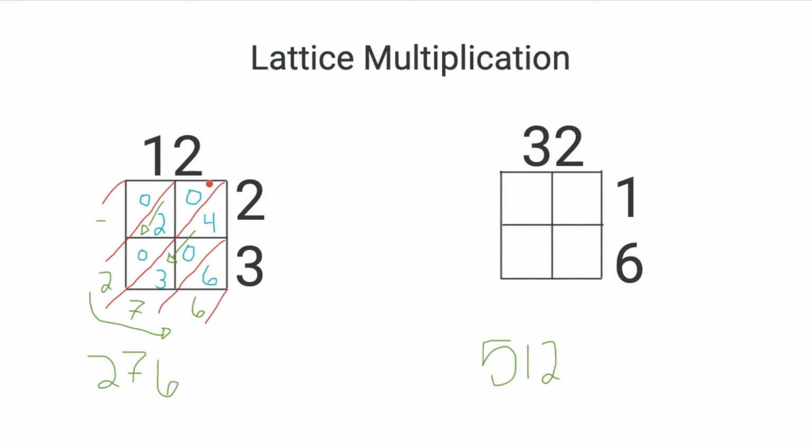Let's head on over to the second question and see what happens when these aren't all zeros. So first thing we need to do is set up our lattice again, making sure to start on those right-hand side corners and work our way down and to the left.